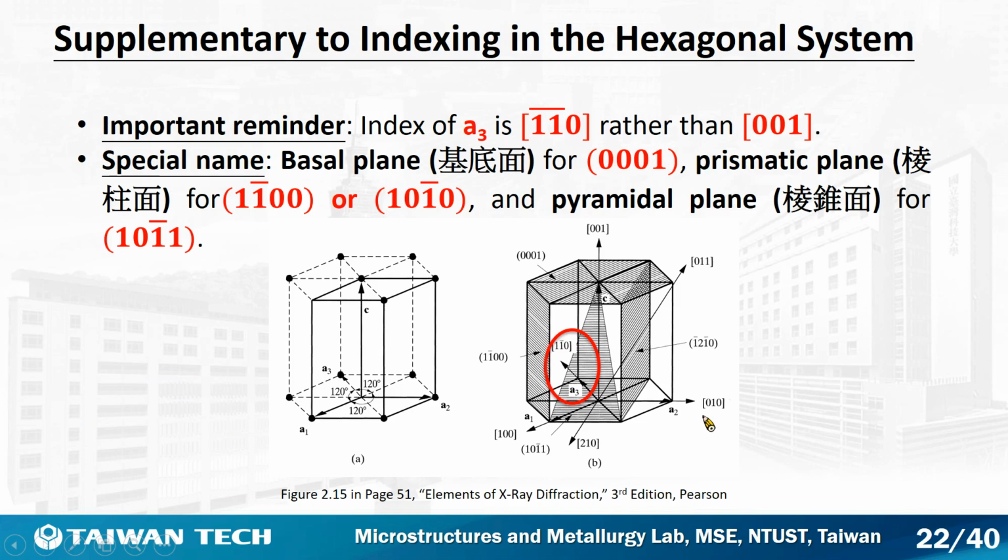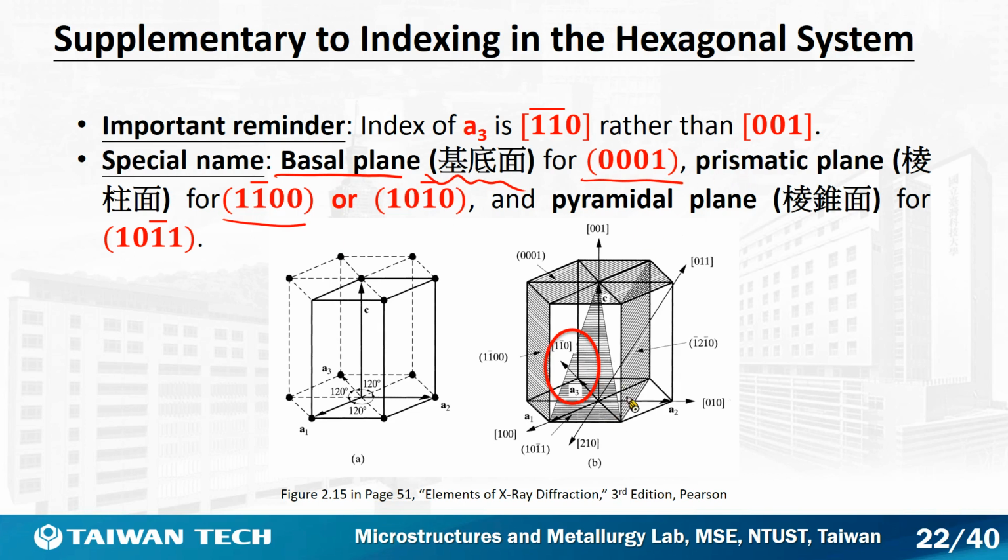Okay, here are some supplementary to indexing in hexagonal systems. As we said, we have different planes, right? We have basal plane. 0001 is called basal plane, and 1 minus 1 0 0 is called prismatic.